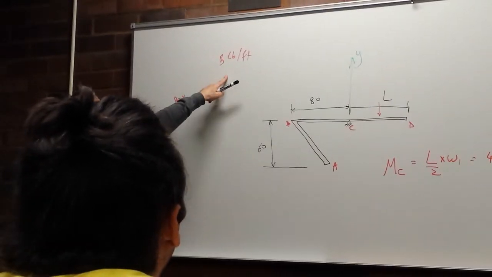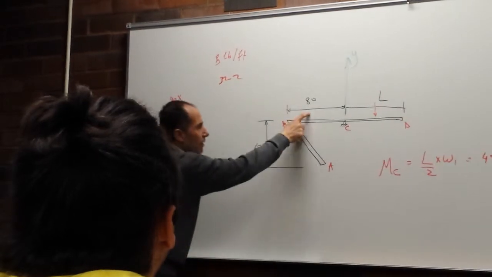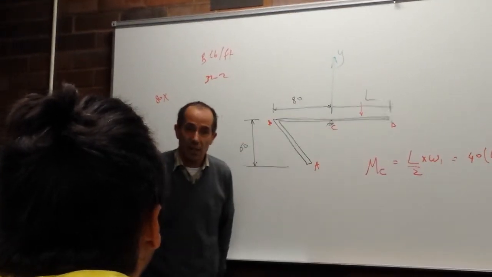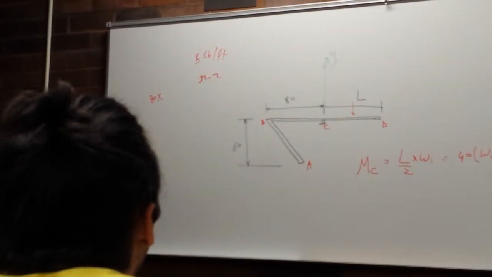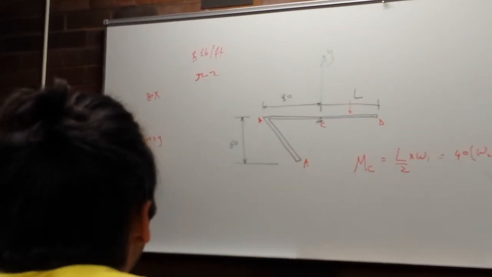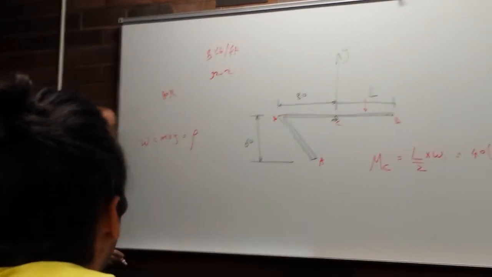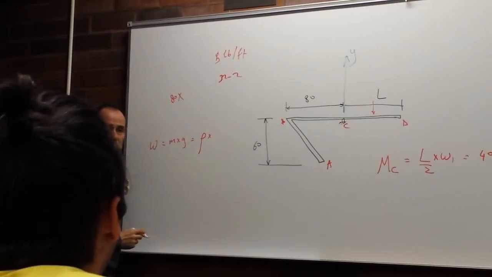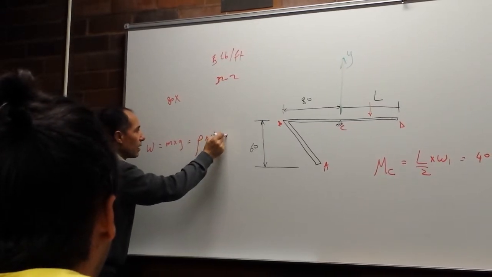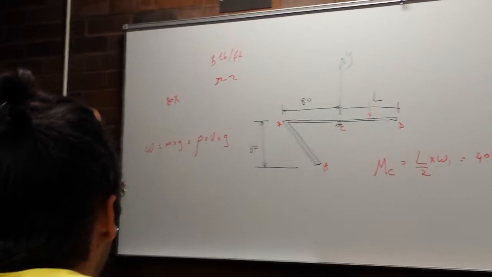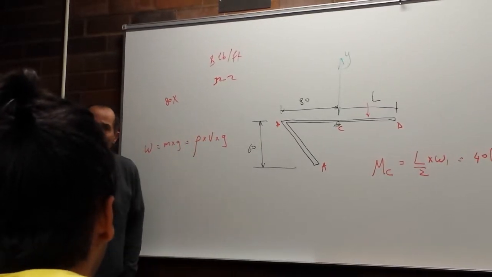G is 32.2. You multiply it here and here and here. Agree? It's just like the density. So the W equals M times G. Correct? The M is what? The rho, the density, times what? The volume. We don't need to worry about the volume. We worry about the length. Correct?